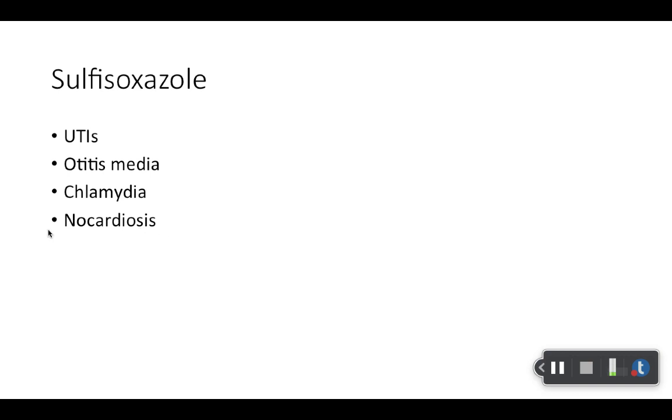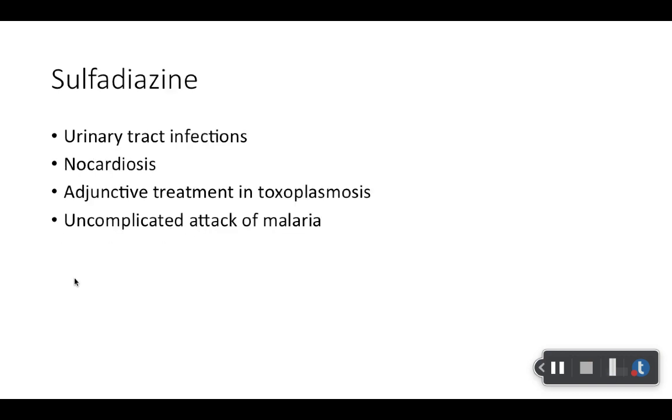And then nocardiosis, I don't know if we've been over it already, but you can have a pulmonary or systemic infection by the Nocardia microbes. So it can be effective for that. Sulfadiazine: you notice again it is used for Nocardia infections.